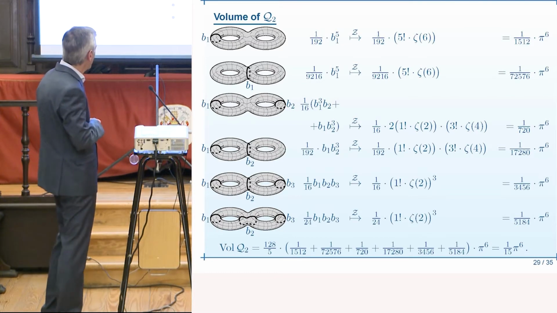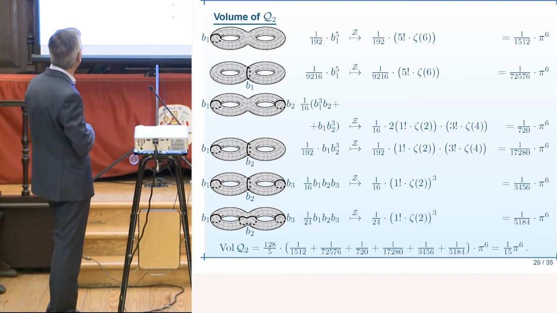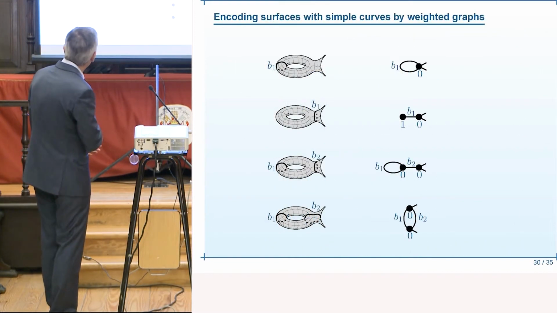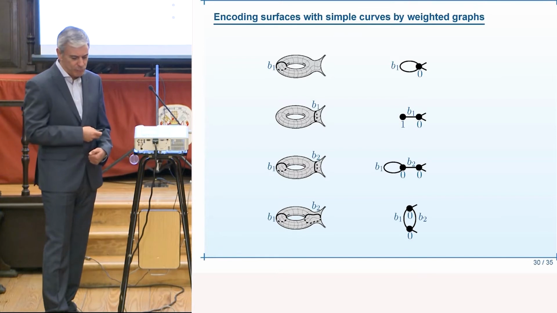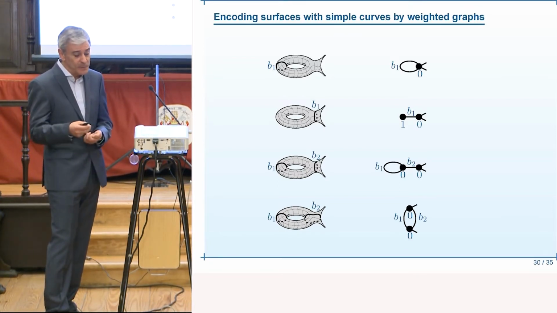So I will make a formal statement in a second, but to make a formal statement, I want to use a coding of this kind of surfaces with graphs. On the previous slide, our surface didn't have marked points. Marked points in interpretation with hyperbolic metric give rise to cusps.